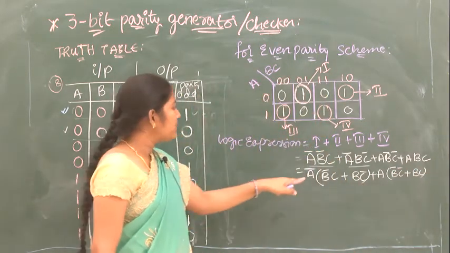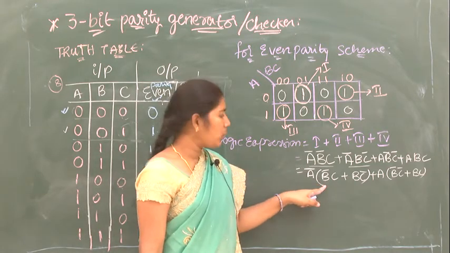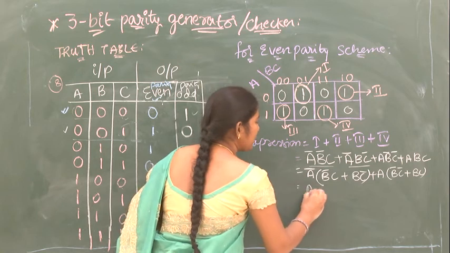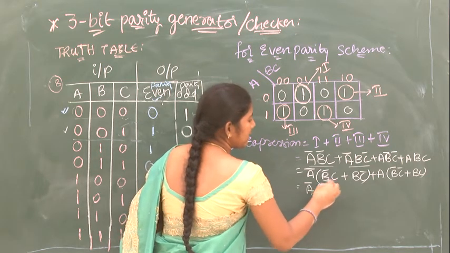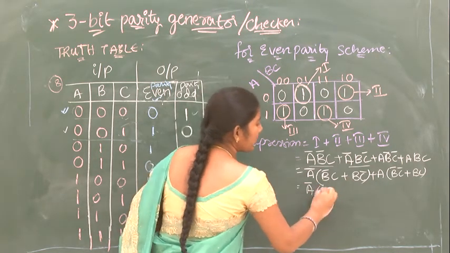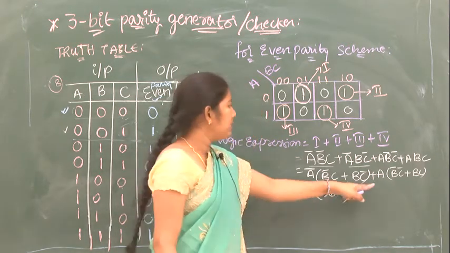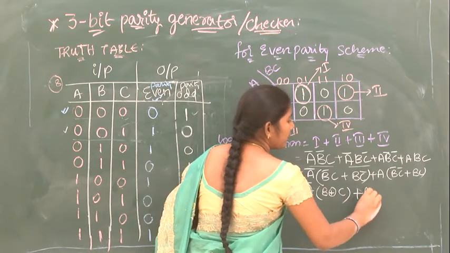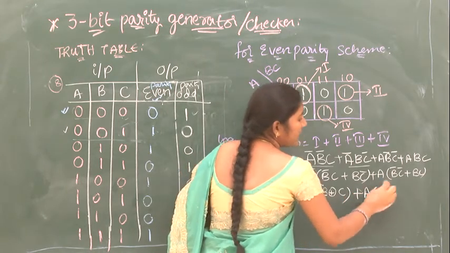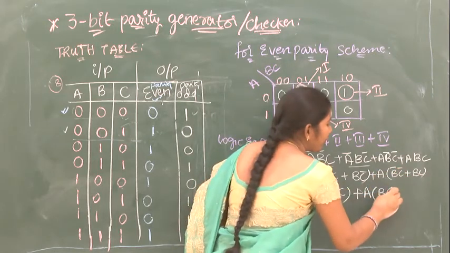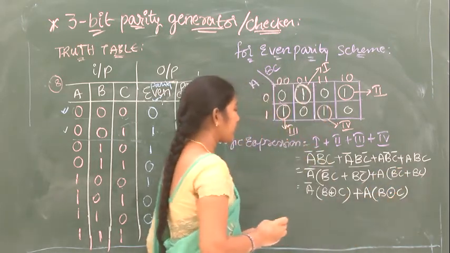As we know, B bar C plus B C bar is nothing but exclusive OR, so I can write this as B exclusive OR C. Similarly, B bar C bar plus BC is nothing but B exclusive NOR C.